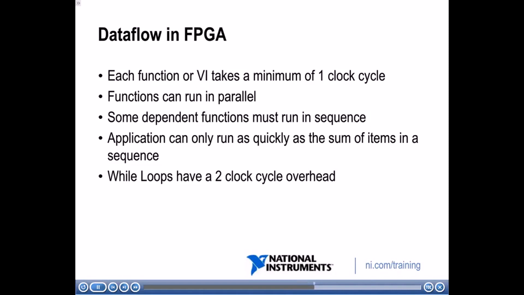Let's say you had 10 functions that happen one after the other. In that case, that whole sequence is going to take at least 10 clock cycles, because each function has a minimum of 1 clock cycle. The application can only run as quickly as the sum of items in a sequence. Another thing to note is that while loops have a 2 clock cycle overhead.